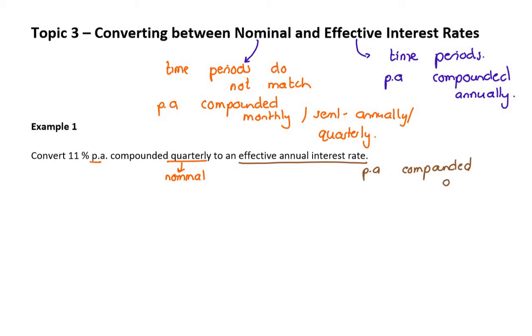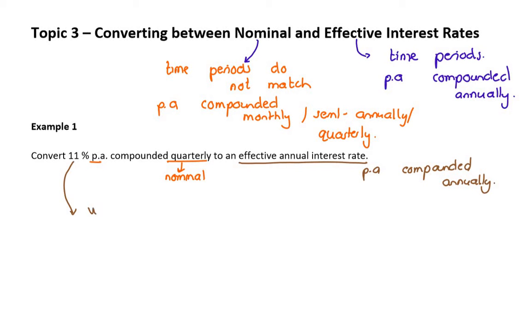The most important thing when we say convert is that we want you to find an interest rate per annum compounded annually that has the same effect as 11% per annum compounded quarterly. As in, if you put 100 Rand into both those accounts, you would get the same amount out. That's what's really important.